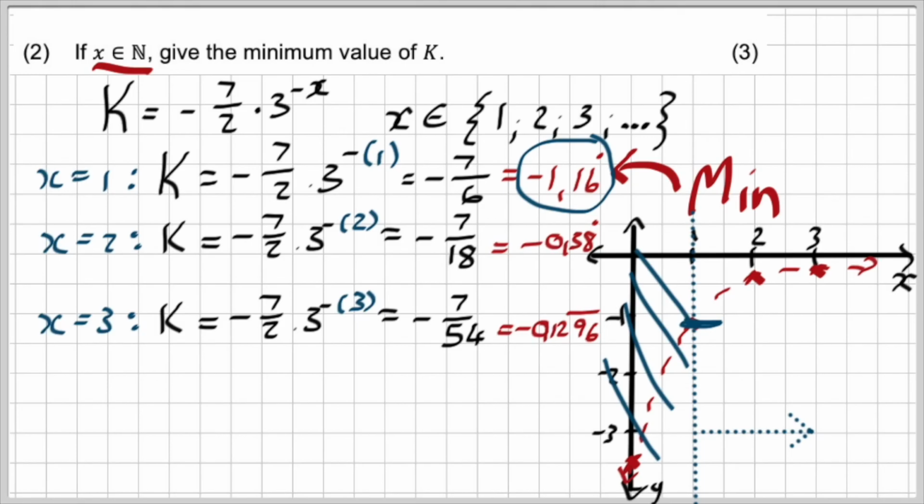And that is negative 1.16. It goes up from there. So it's not just algebraically does it make sense, but even graphically it does make sense. Wow, this was fun. Ladies and gentlemen, don't forget to think graphically.